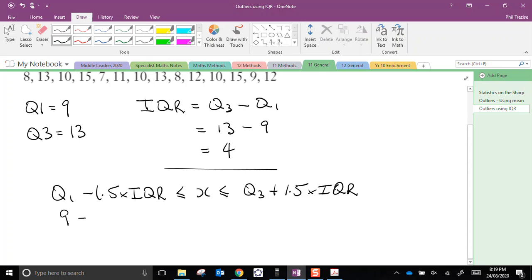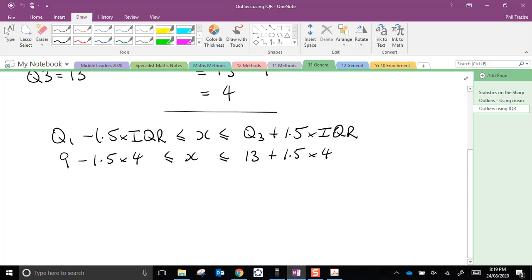Q1 was 9 minus 1.5 times 4, less or equal to the score x. Q3 is 13 plus 1.5, and the interquartile range again is 4. 1.5 times 4 is 6.